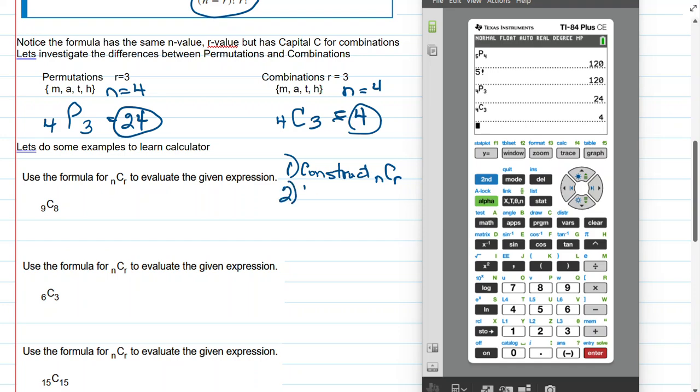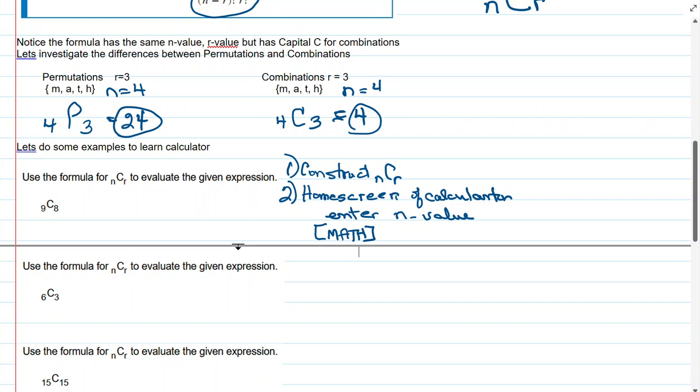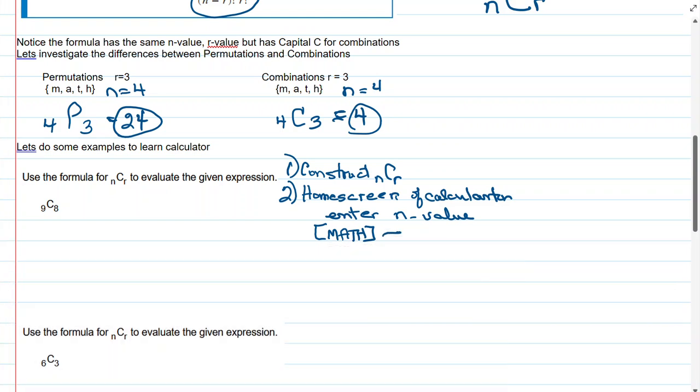Second, on the home screen of the calculator, enter N. You're going to go to the math key, and we're going to arrow over to PROB.